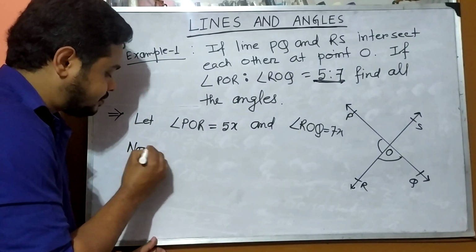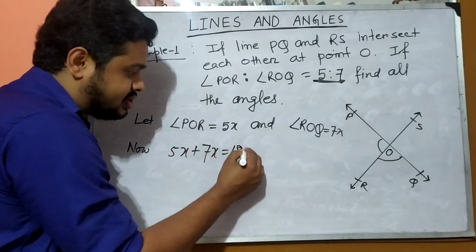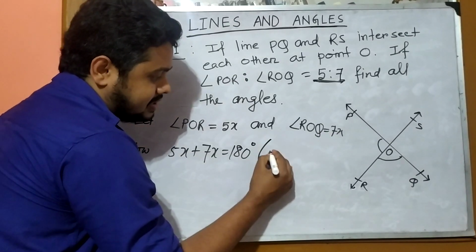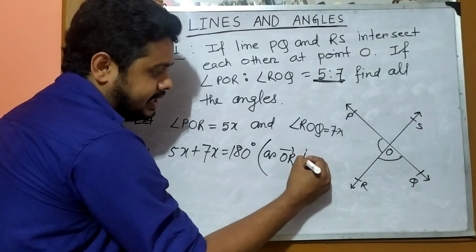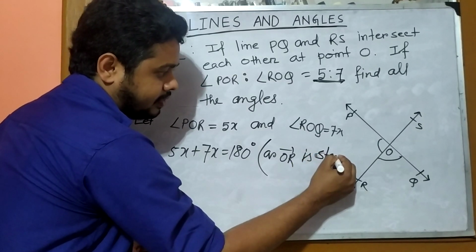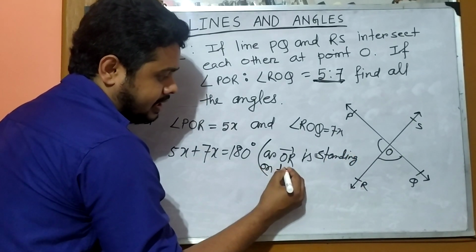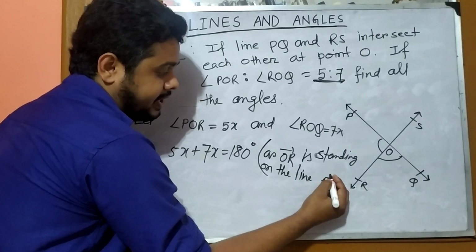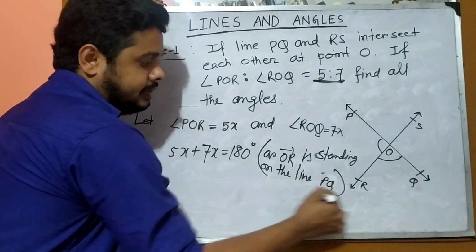Now 5x plus 7x equals 180 degrees. Why? Because OR is standing on the line PQ.